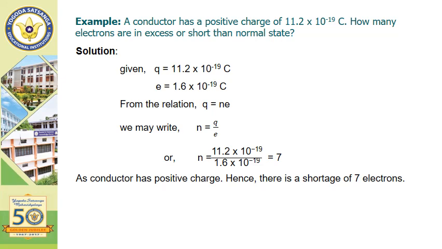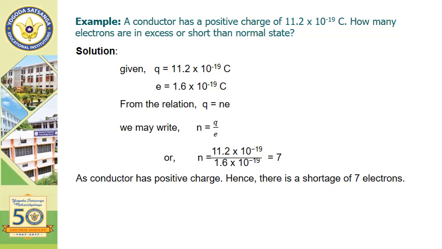Now we will proceed to the solution. The given data here: the charge Q equals 11.2 into 10 to the power minus 19 coulomb, and the basic unit of charge e has the value 1.6 into 10 to the power minus 19 coulomb. We all know the relation Q equals ne from the rule of quantization of charge.